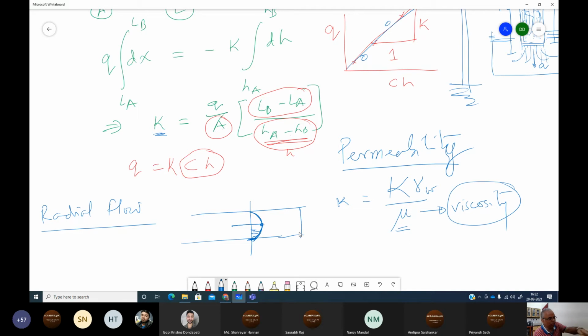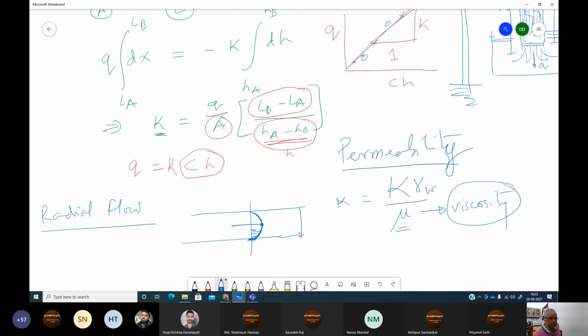So the water flow will be of a parabolic shape, and for a toothpaste, even if you squeeze it, you will see it is coming out like an almost straight line, because of this high intrinsic resistance of that shear force.